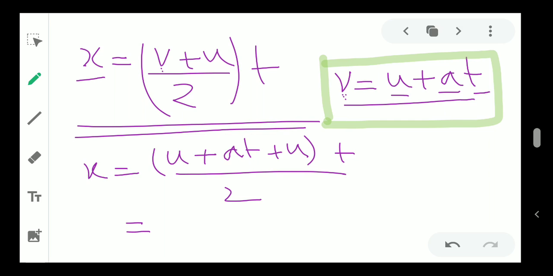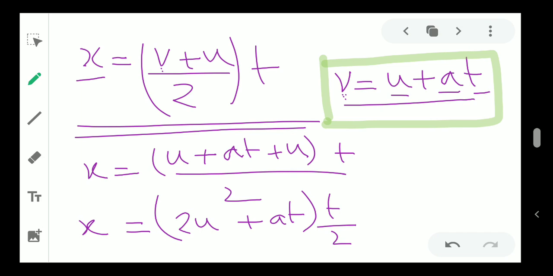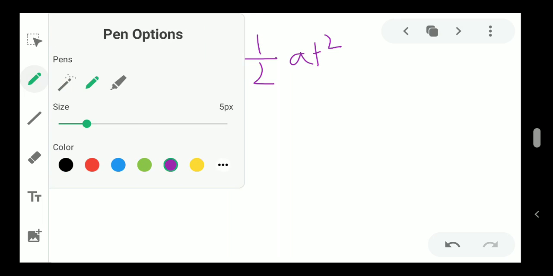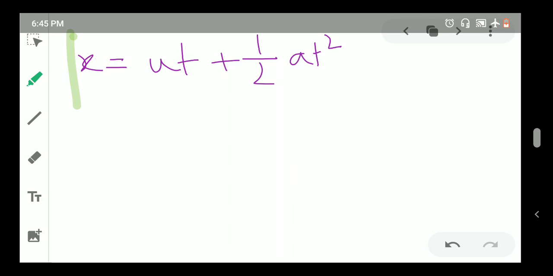So finally I am getting 2u plus at, and then t by 2. If I simplify it, I will get x equal to ut, because the 2 will cancel, plus half at square, and this is my second equation of motion.